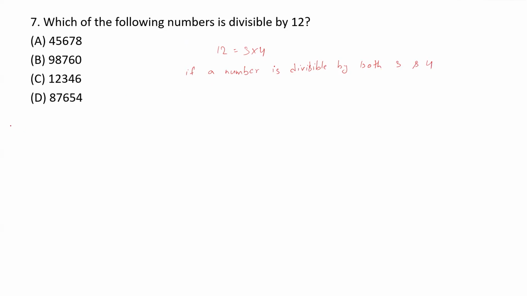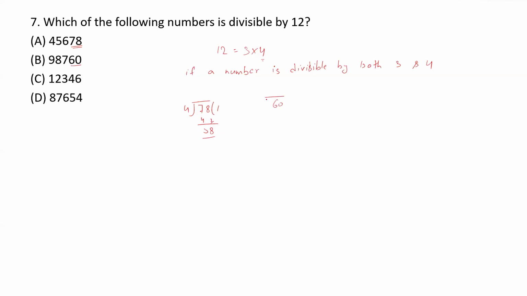So what is the rule for divisibility by 4? Just look at the last 2 digits. Here the last 2 digits are 78. Whether 78 is divisible by 4? Just do it quickly. 78 divided by 4, 4 into 19 is 76, so it is not divisible. What about 60?